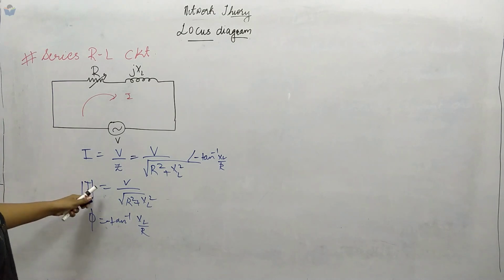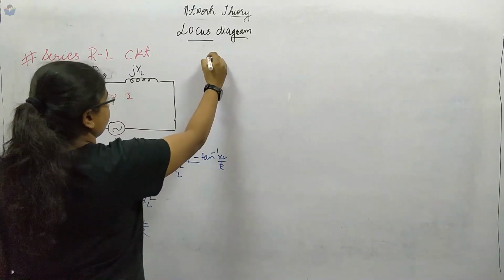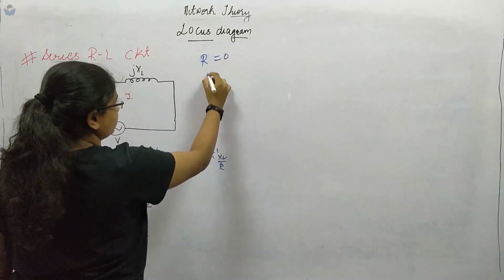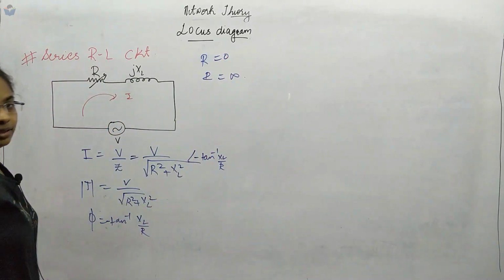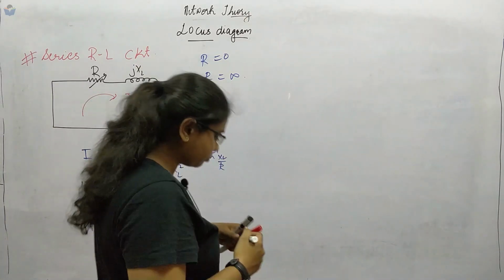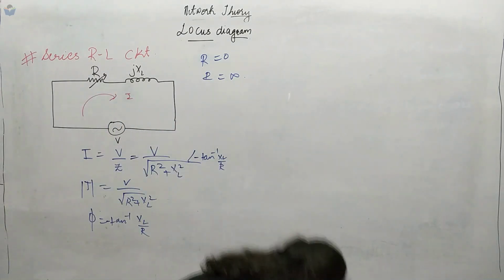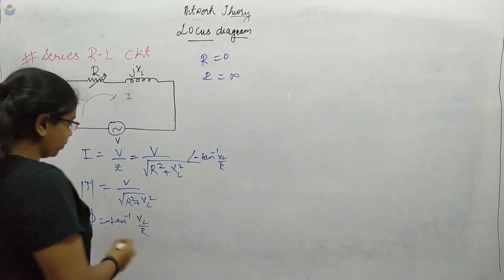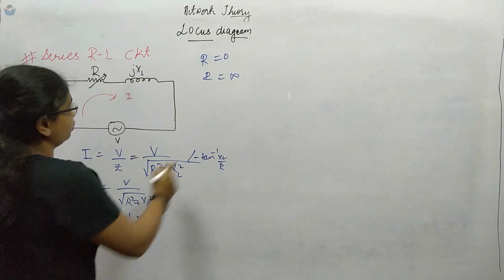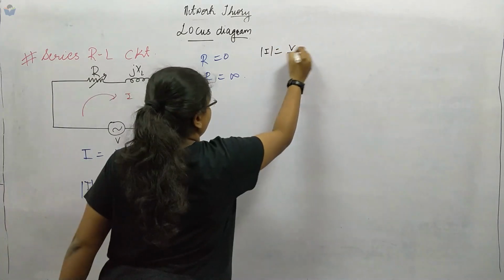Now how do we trace the path? It is simple: vary the value of the resistor from 0 to infinite value and see what result we get. Put R equal to 0 in both equations. When R equals 0, the magnitude of I will be V by XL.